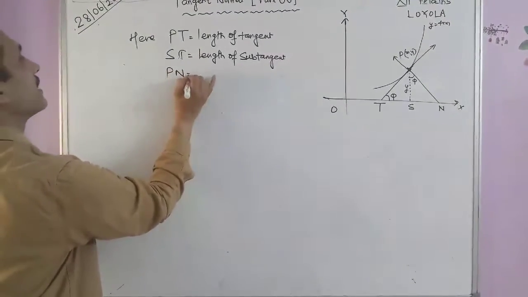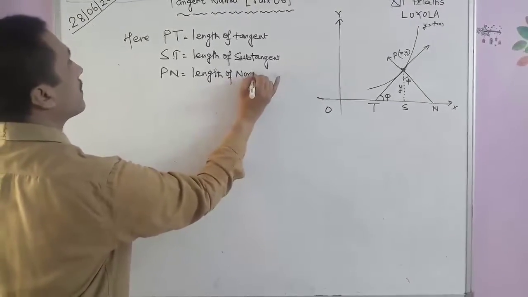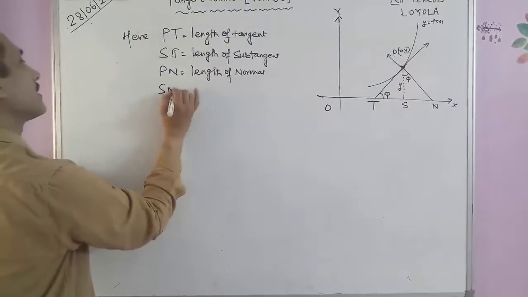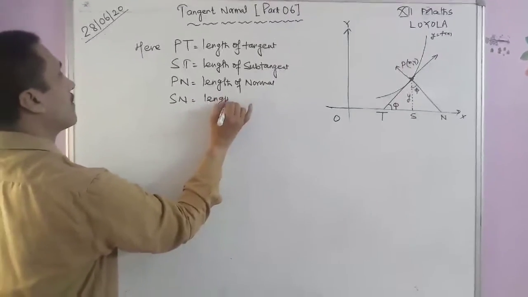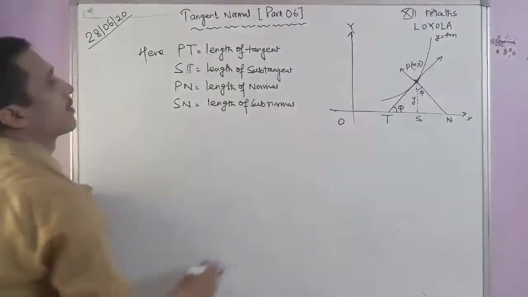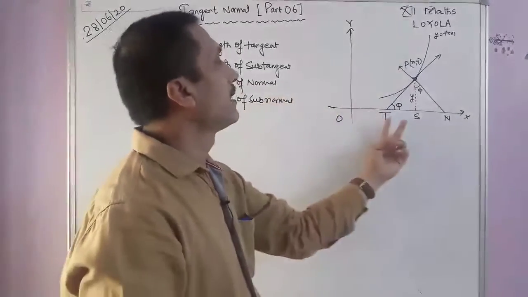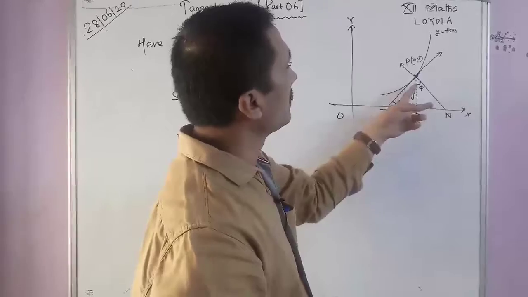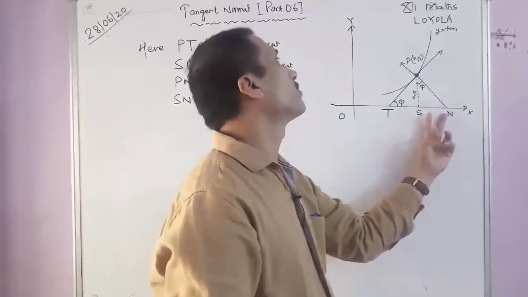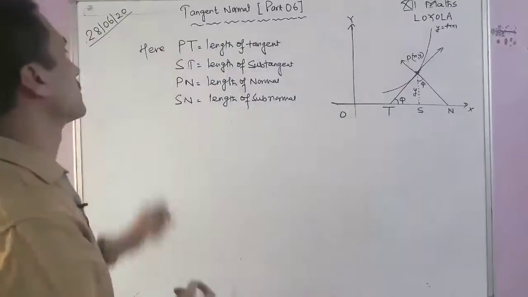Similarly, PN is the length of normal and this length SN is the length of subnormal. We have to find the formula for these four terms.